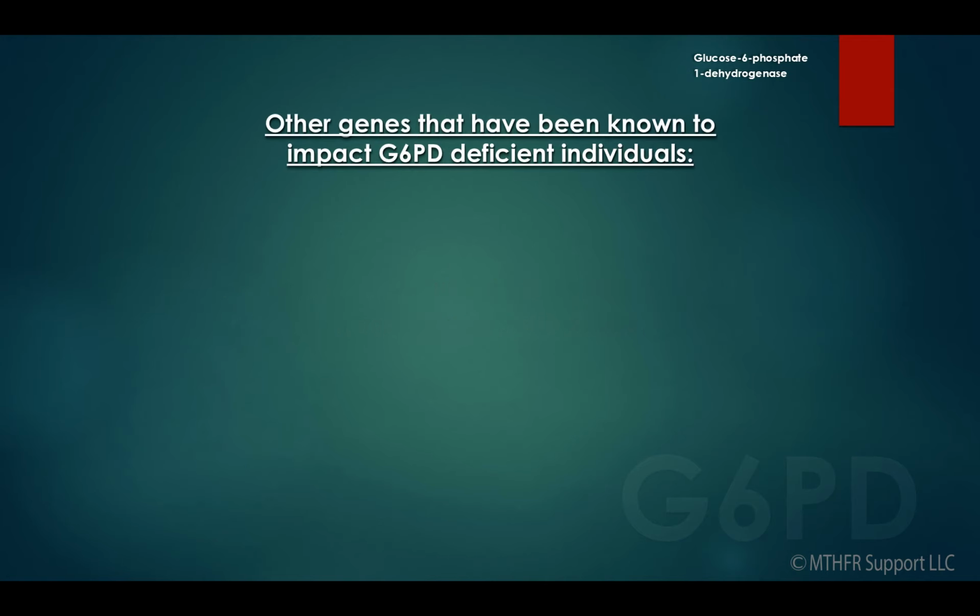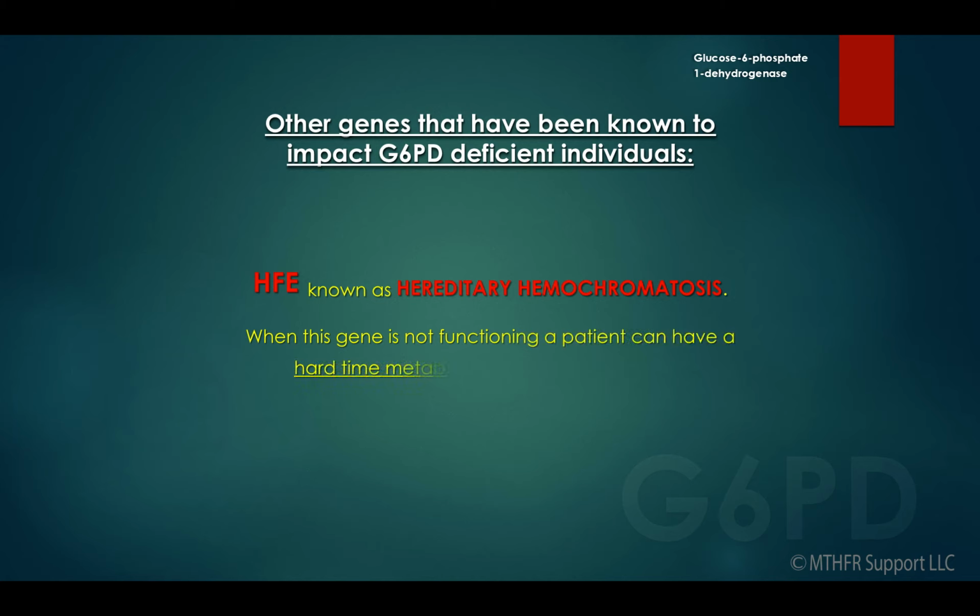Other genes that have been known to affect G6PD deficient individuals are HFE, known as hereditary hemochromatosis. When this gene is not functioning, a patient can have a hard time metabolizing iron from the liver.